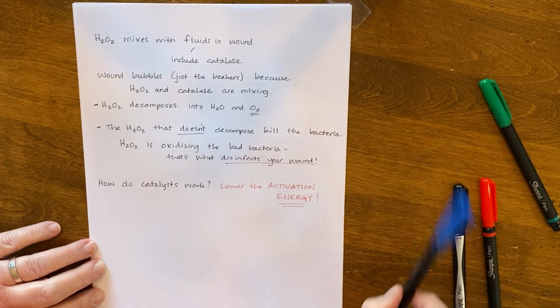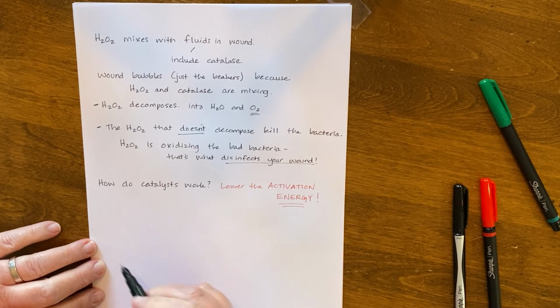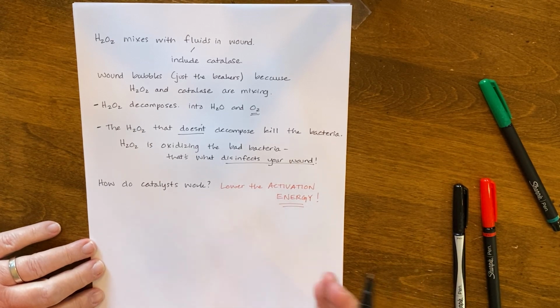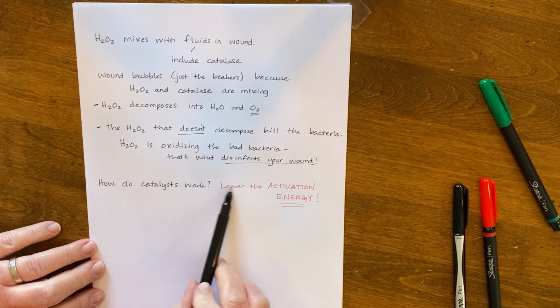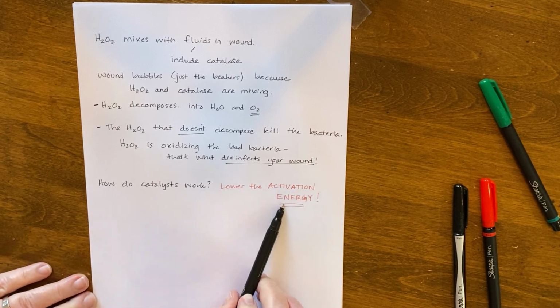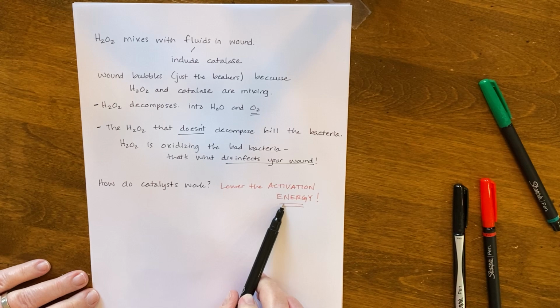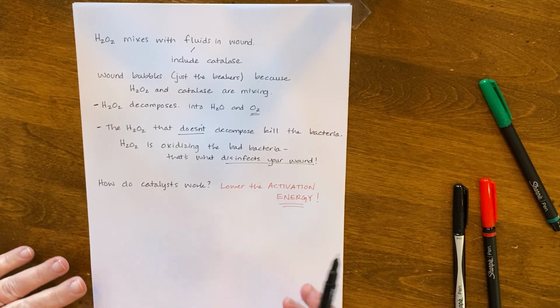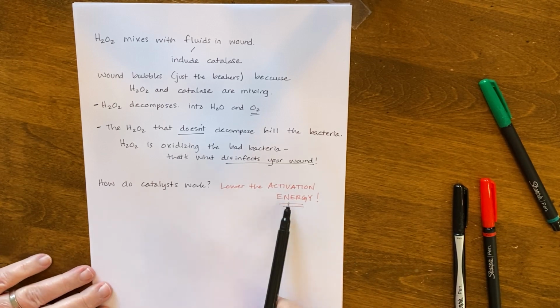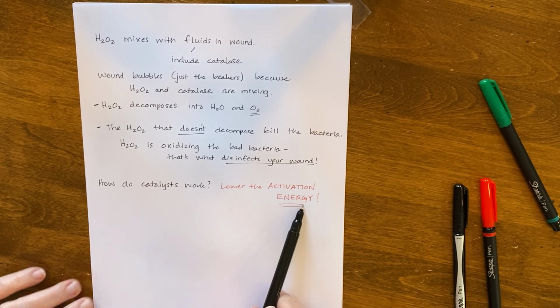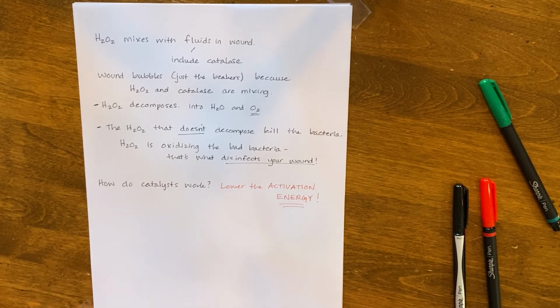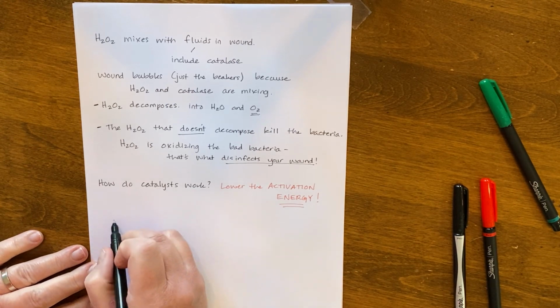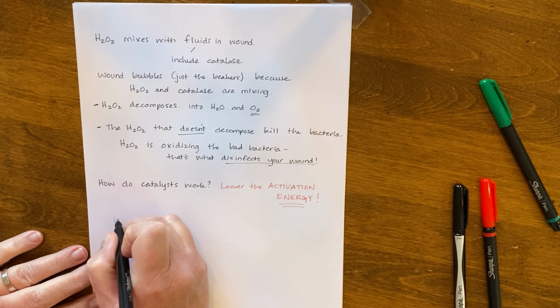Okay, so remember, the activation energy is what we need to get a reaction started. Okay, so catalysts lower the amount of energy required to start the reaction. So again, they don't take part in the reaction, they just lower the amount of energy needed to get the reaction going.